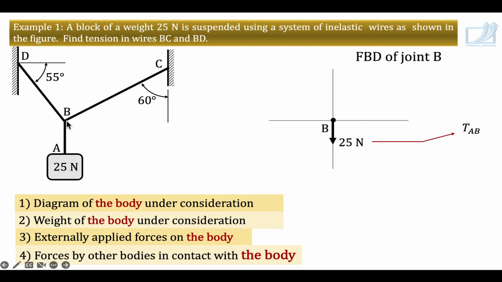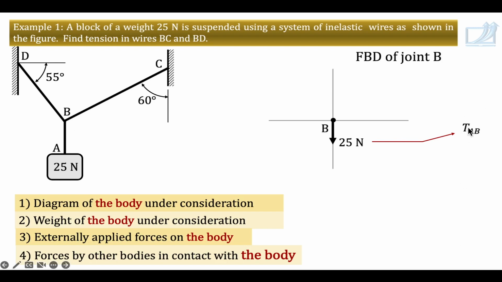And now one very important statement I am making. A two force member transfers force from one end to the other end. So the 25 Newton force here at A, this member transfers to point B. Wires are always in tension, meaning wires always pull the bodies they are supporting.